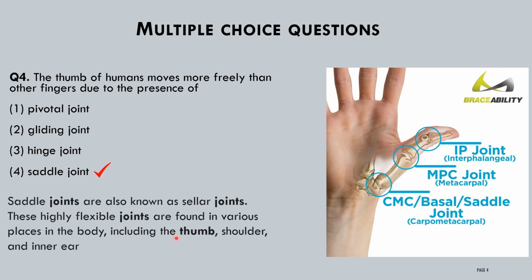The main one is the thumb, and you can also observe them in the shoulder and in the inner ear. This is very important. In other exams, they may ask which type of joint is responsible for the free movement of the shoulder and inner ear. For that question also the answer is saddle joint.